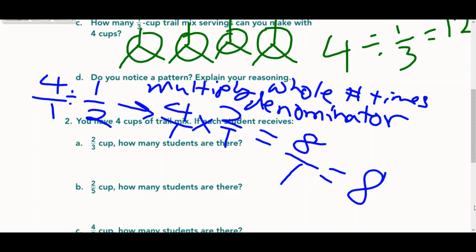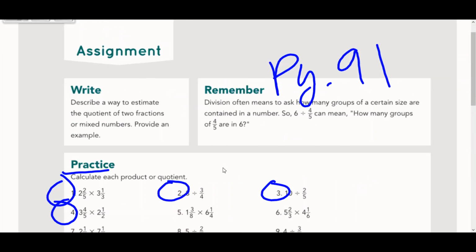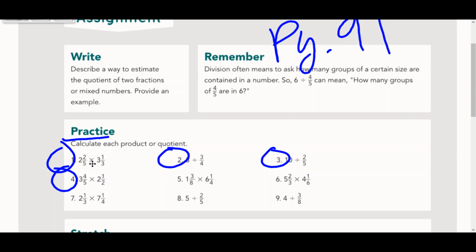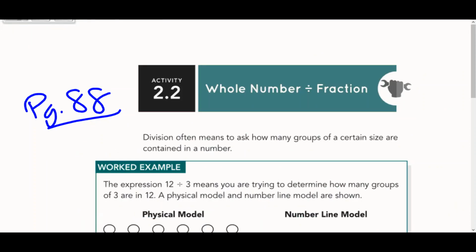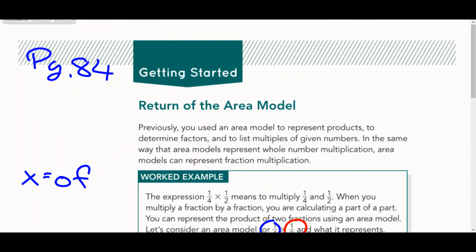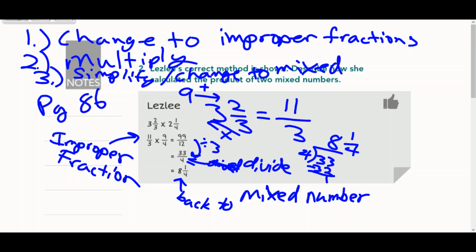So let's take a look down here on our assignment. Notice we're multiplying two mixed numbers, so you'll probably want to look at that previous page we looked at. This one right here on 86.